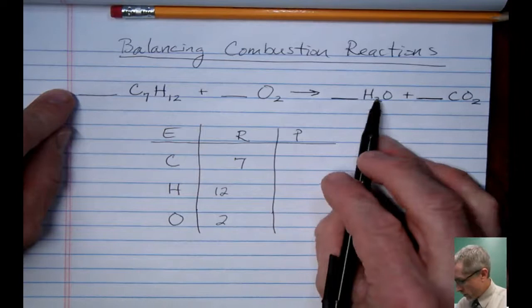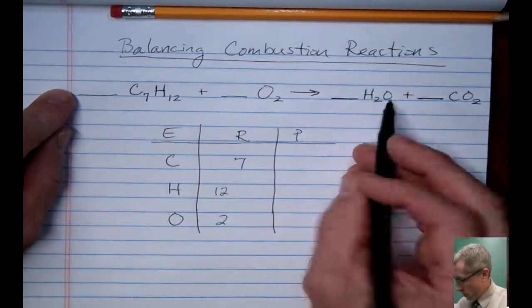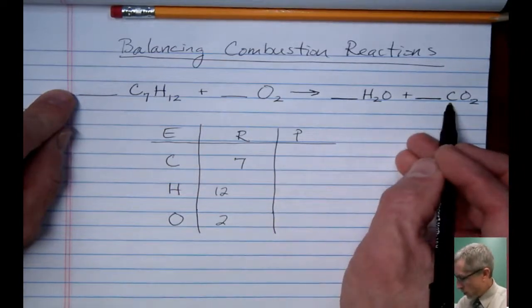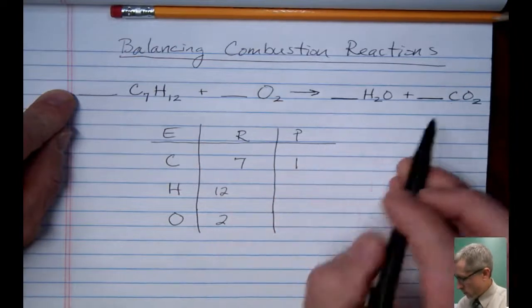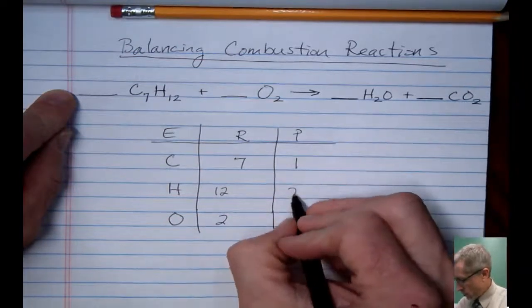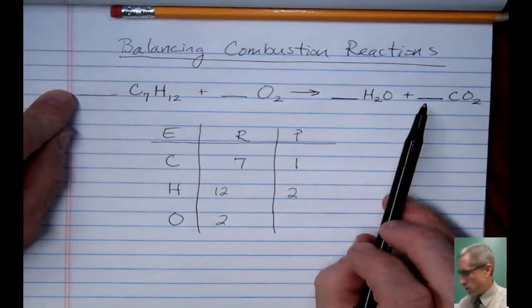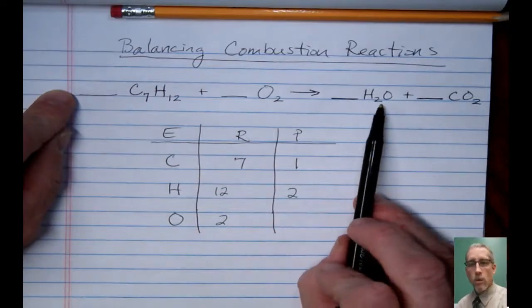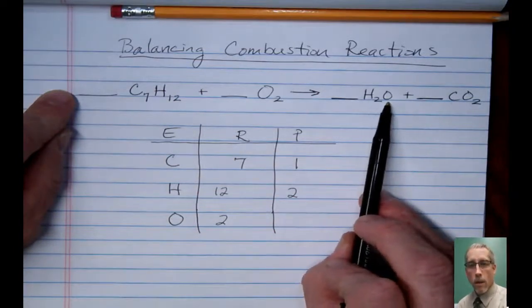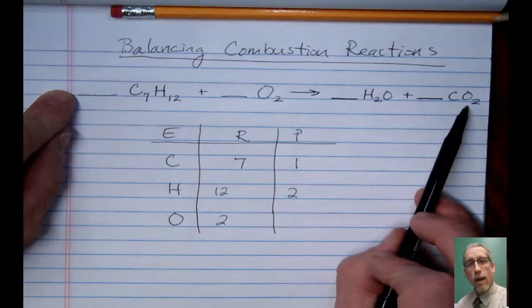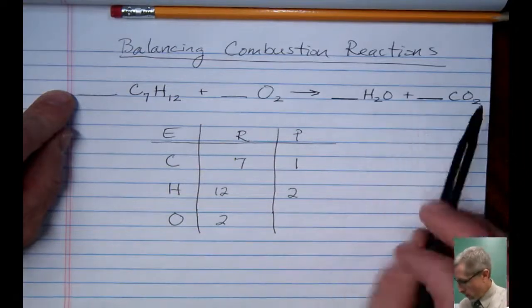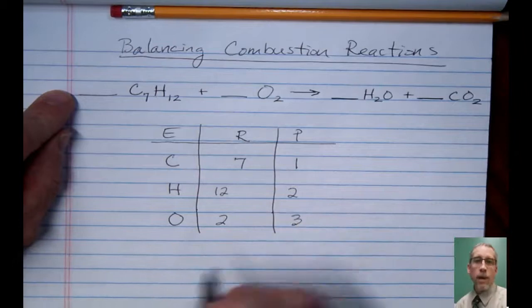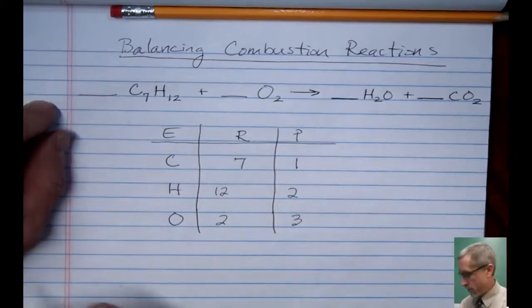And on the product side, we've represented just 1 carbon, 2 hydrogens, but the oxygen, notice, shows up 2 different places. So this water molecule has 1, and the carbon dioxide molecule has 2. That's a total right now of 3 atoms of oxygen.